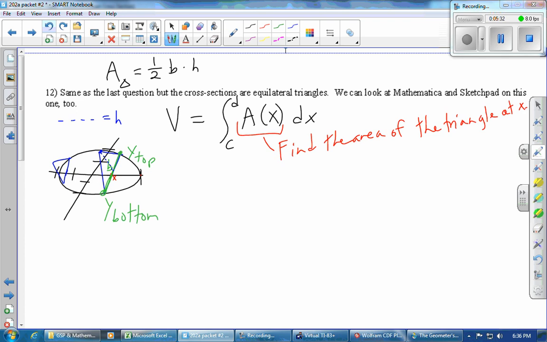Well, we've done this problem before. It's the same shape. It's the same circle equation. The equation of the circle was x squared plus y squared is 4. So solving for y, it's the same as we had at the end of the last video, plus or minus the square root of 4 minus x squared. So that means that the base is equal to the y at the top minus the y at the bottom.